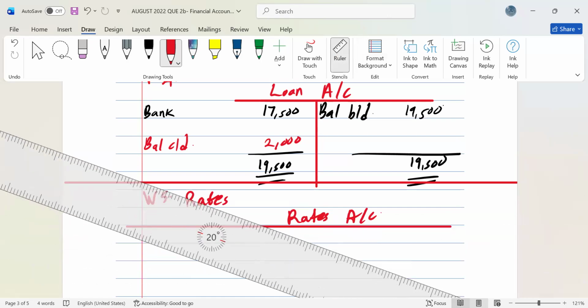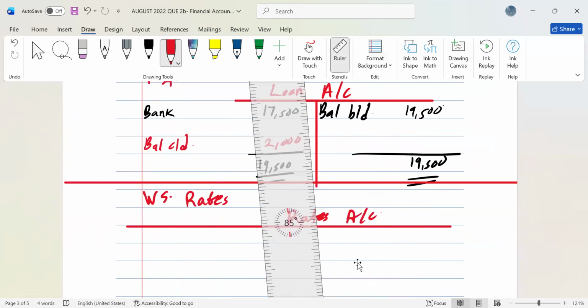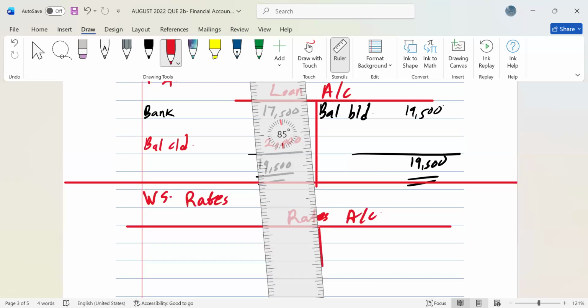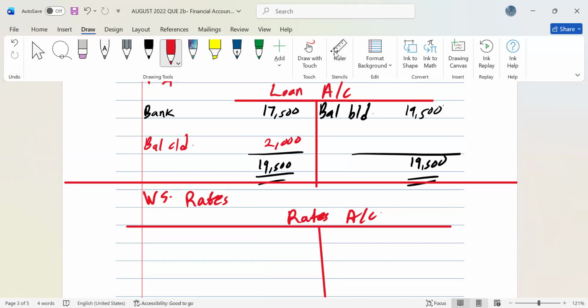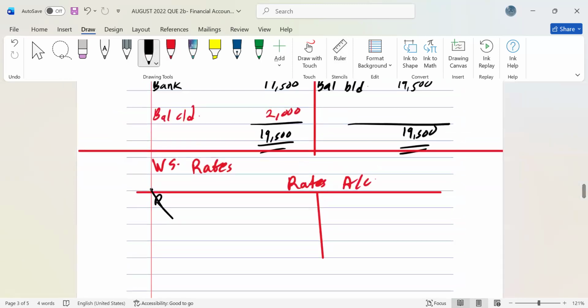So for the rates account here, rates are expenses, and expenses are debited. So its balance brought down will be on the debit side.